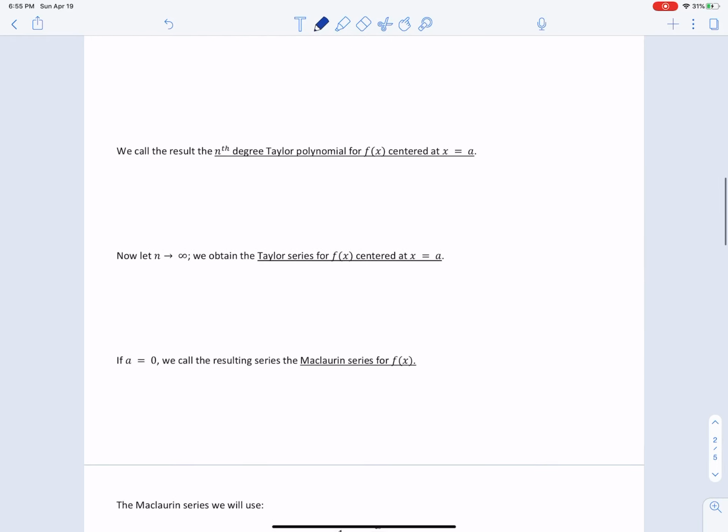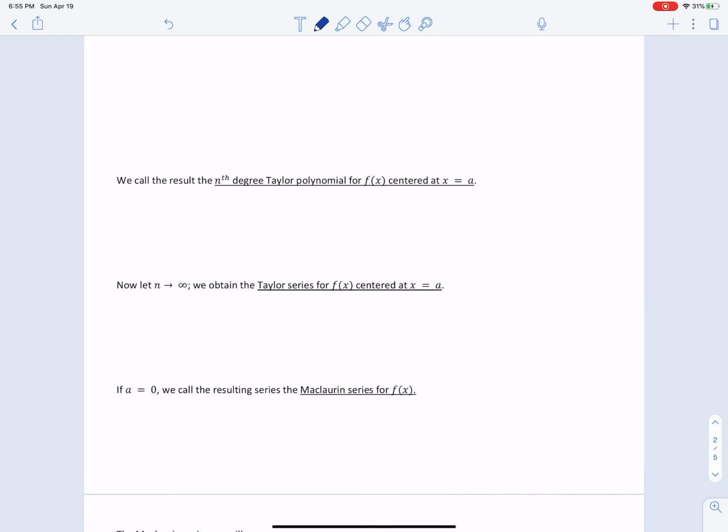And we call this result the nth degree Taylor polynomial. And so Tn is going to be the summation i equals 0 to n of the ith derivative at A over i factorial times x minus A to the i. That's the nth degree Taylor polynomial for a function centered at A. If we let n go to infinity, we get what's called the Taylor series.